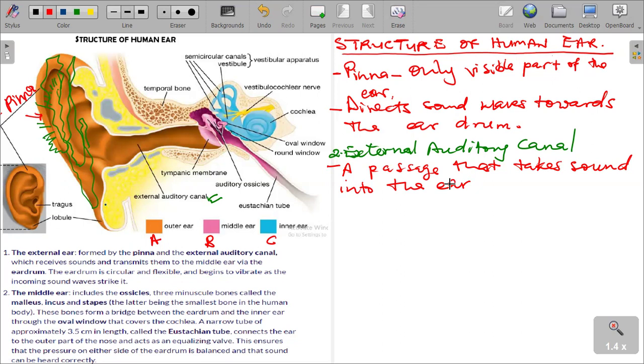What happens again is that it is lined with fine hairs and glands.